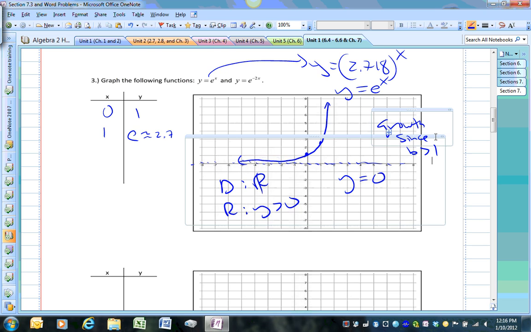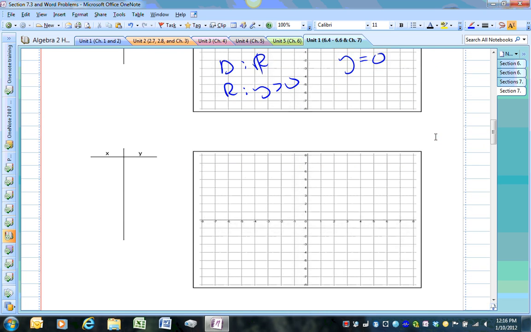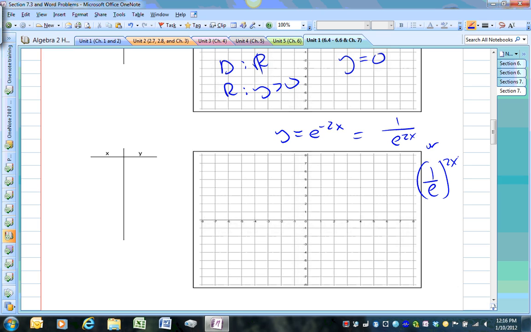For our next one, y equals e^(-2x). That's like saying 1 over e^(2x), or 1 over e, then raise that to the 2x power. If you think about it, 1 over e is 1 over 2.7, right?